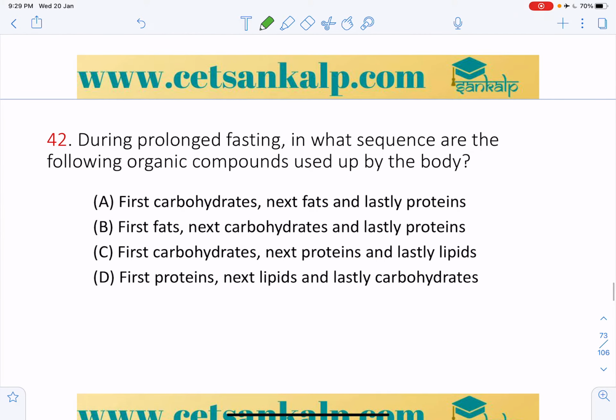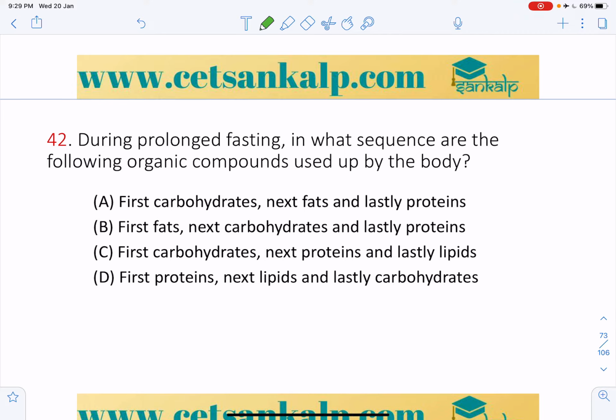During prolonged fasting, in what sequence are the following organic compounds used up? Generally this depends on how the substrate gets digested.